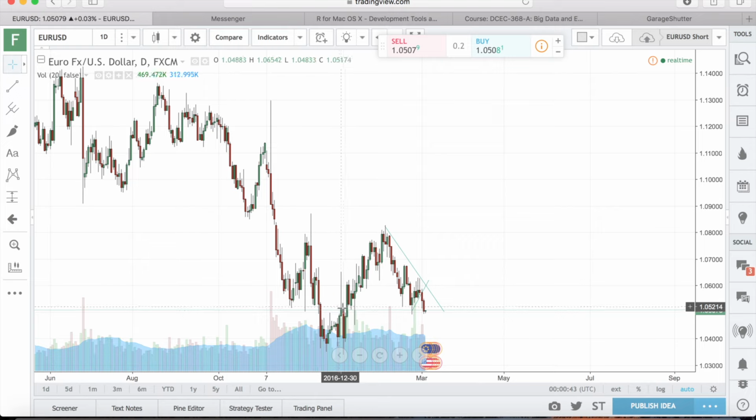This was a very blatant example of a downtrend that was about to form, and I did make some money on that, and I shorted the Euro USD or bought the US dollar at that time.